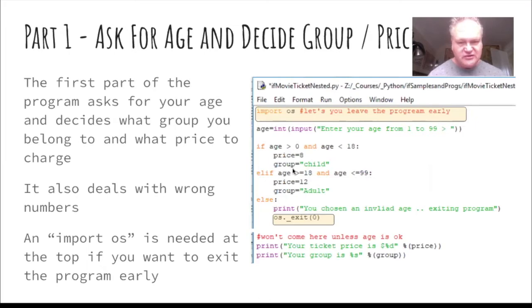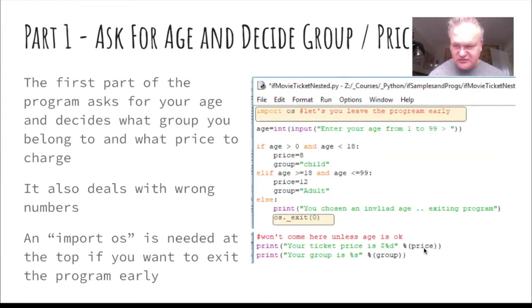Anything else, so if it's not between these two ranges, it's going to come down here and tell you that you chose an invalid age, and it's going to exit the program right away. All right, which is why we have to put this import os at the top. So this will cause the program to stop right here. Now, if we do enter a valid age, it won't do this, and instead it'll print your ticket price and your group. Remember this, guys, how we insert variables inside print statements?